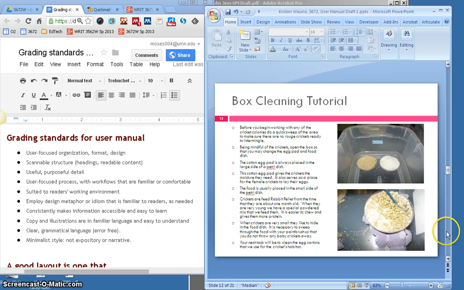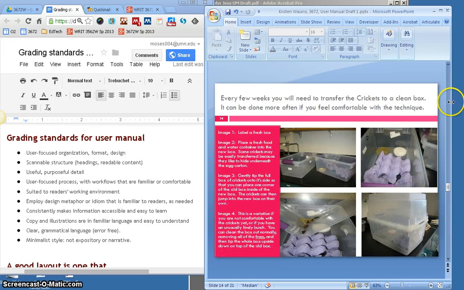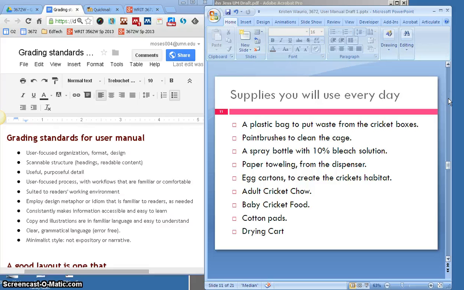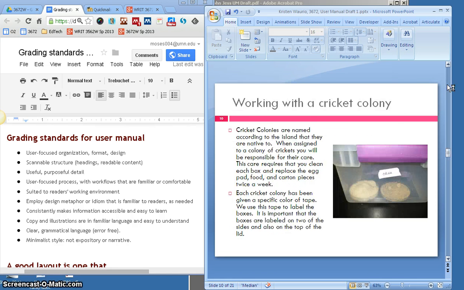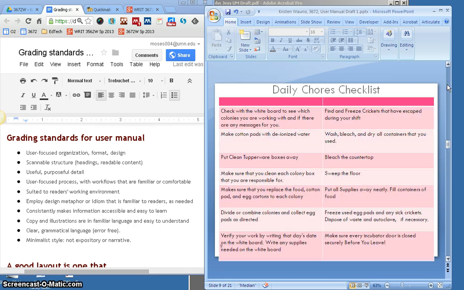As I scan through here, I do wonder whether the supplies falls in the right place. Here we're talking about working with a cricket colony. We have a daily chores list, and the order of information is not perfectly clear to me.